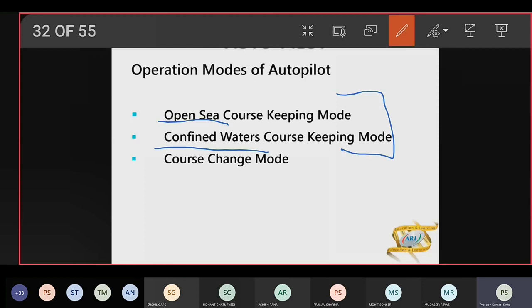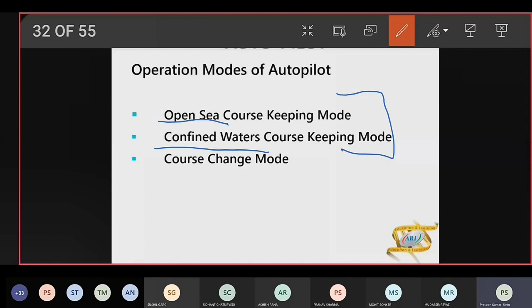Why? Because this gives us better speed. If we keep on applying the rudder, then it cuts down the speed of the ship. And so in open sea mode, the rudder is not applied so very often. So it is allowing the ship to move on with a slight bit of heading change also, no problem.